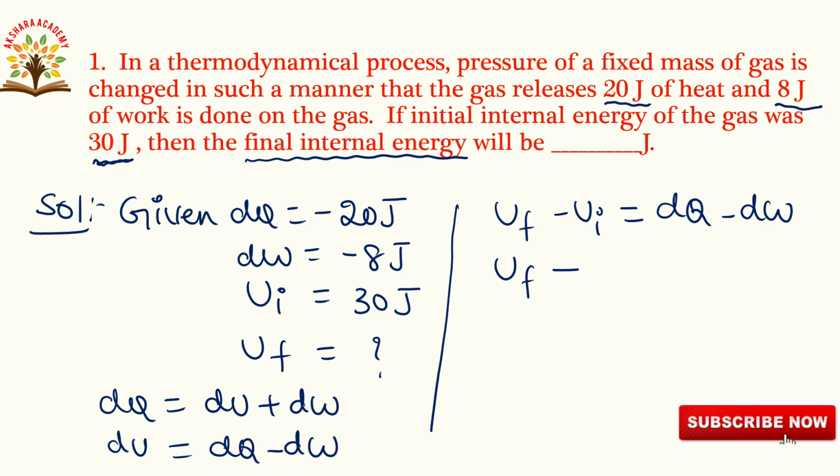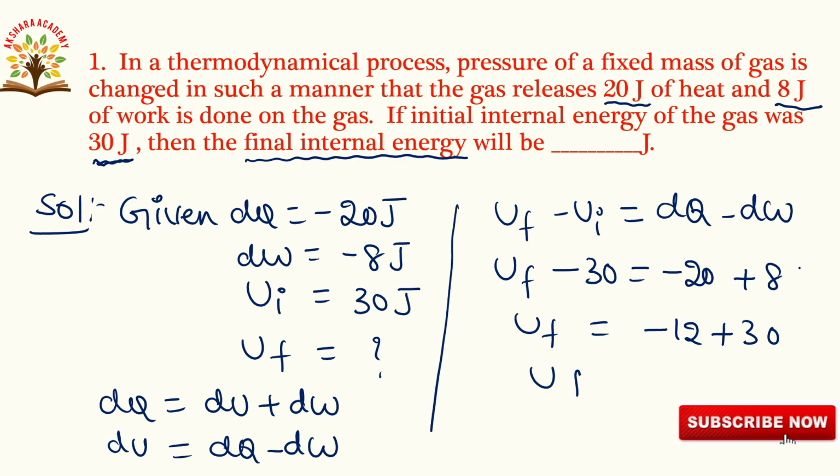Substituting all values, Ui is 30 joules and dq is minus 20 and dw is minus 8 joules, that is equal to Uf minus 30 is equal to minus 12. Here minus 30 will go to this side, plus 30. So final internal energy is equal to 18 joules. This is the final answer. Therefore final internal energy Uf is equal to 18 joules.